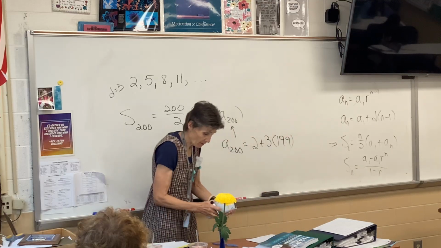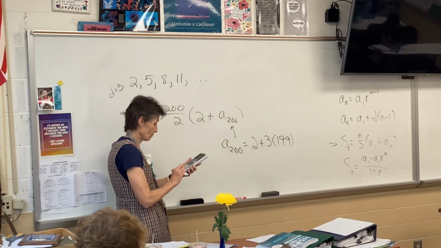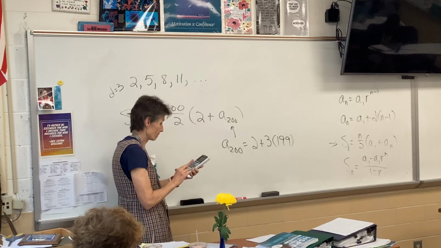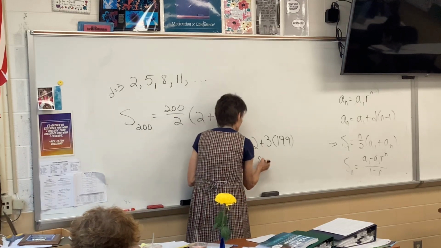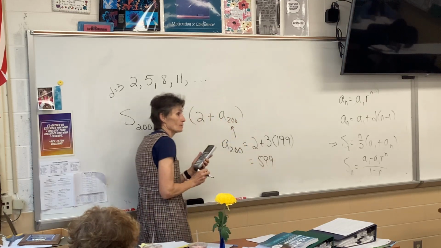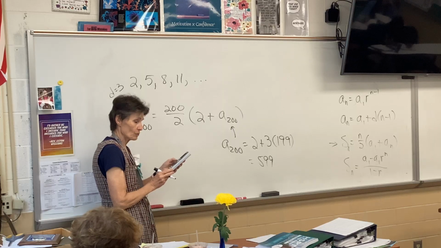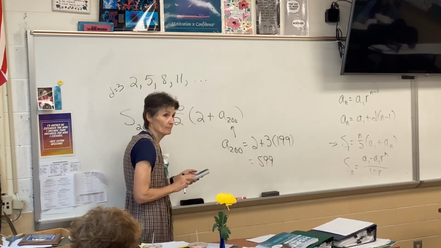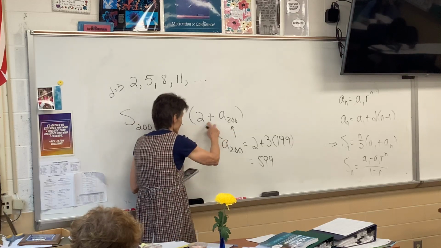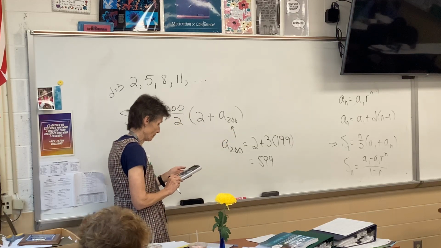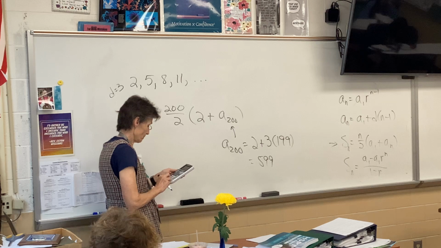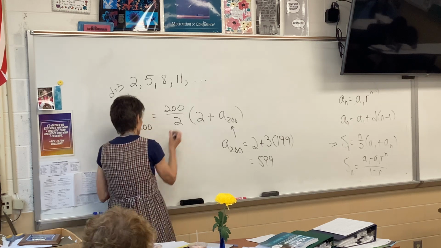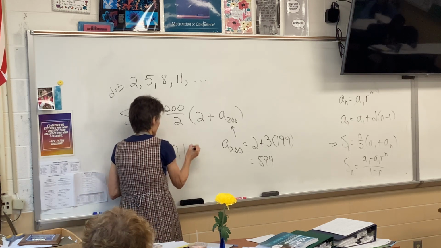So then I can figure out that number. And that number is 599. Not the answer to the question. That is the number that goes here. So I'll take 599 and add 2. So the answer to this question is 60,100.